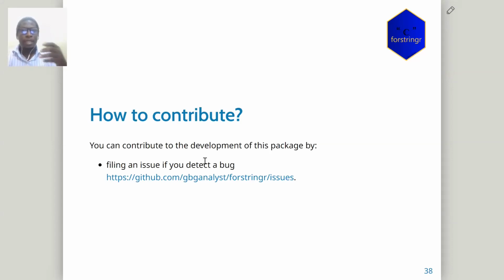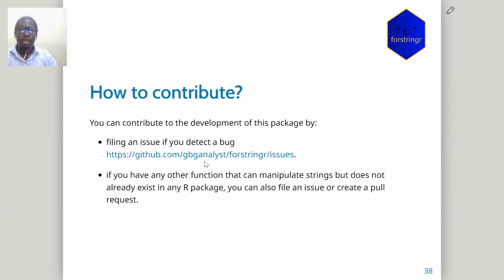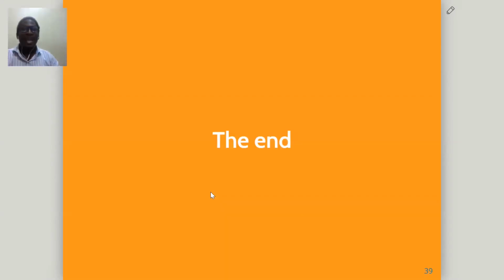So one, if there's any error or a bug, you can file an issue and tell us the error so that we can easily correct it. Then if you have more fantastic functions, you can also create a pull request and we'll be happy to merge it.